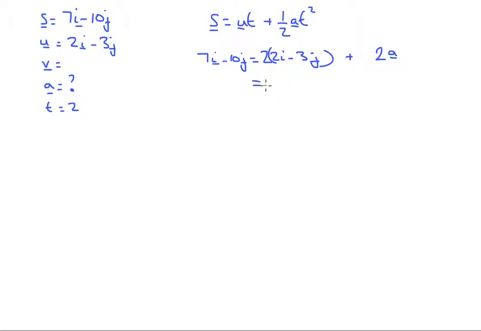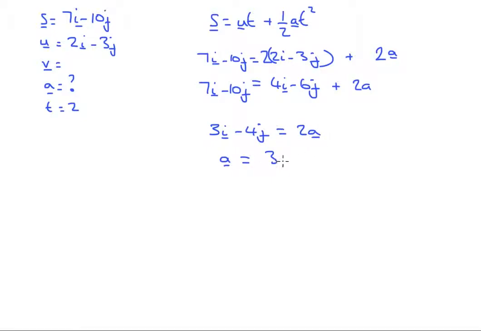If I expand those brackets, we've got 4i minus 6j. And if I move that to the left hand side, I'm going to take away 4i and get 3i. I'm going to add on 6j and get negative 4j. That's equal to 2a. So a is 3 over 2i minus 2j.